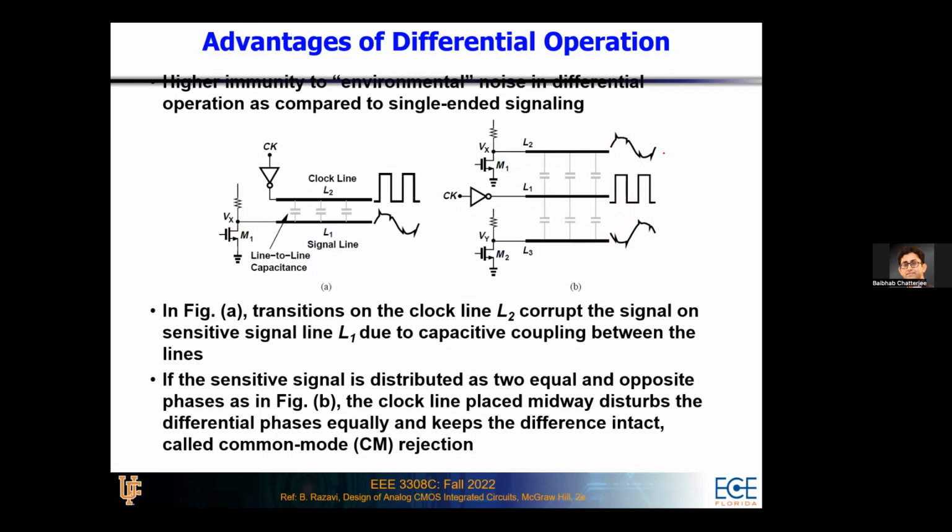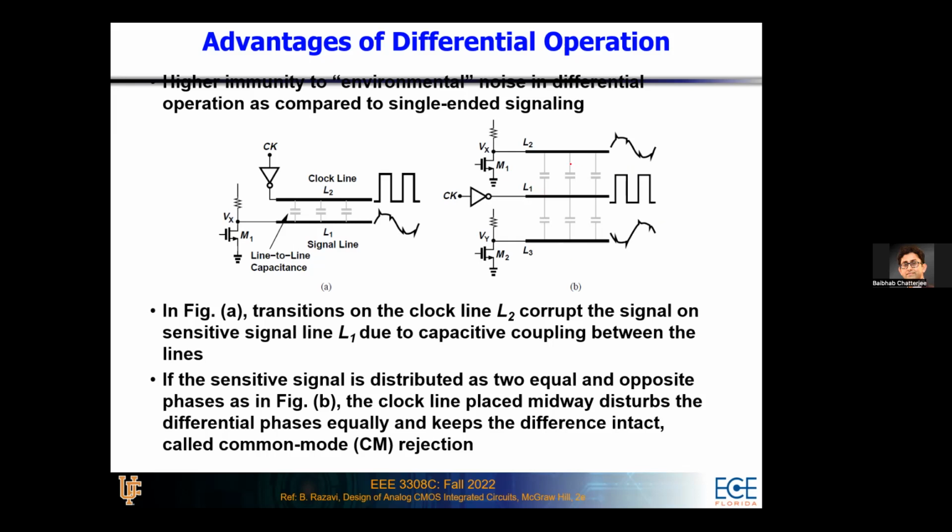Your final output is the difference of this sine wave minus that sine wave, right? Because your input is a differential input, your output has to be a differential output. The whole purpose of taking a differential signal is that eventually you just consider the difference of those signals.